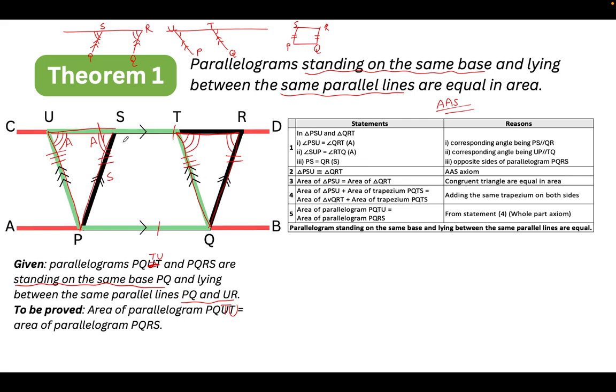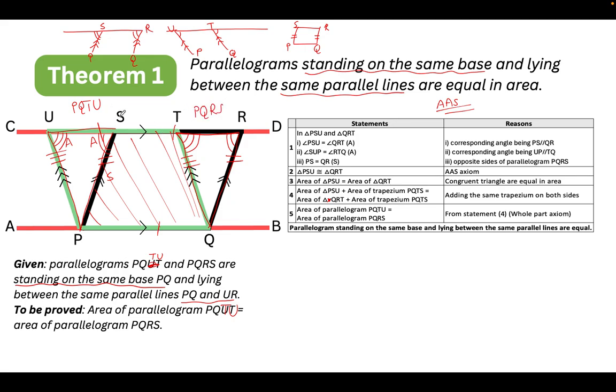Now we will add PQTS, this area, to both of the equal-area triangles. So adding PQTS to PSU and PQTS to QRT, adding the trapezium on both sides. Adding PSU to PQTS becomes parallelogram PQTU, and adding PQTS to triangle QRT becomes parallelogram PQRS.